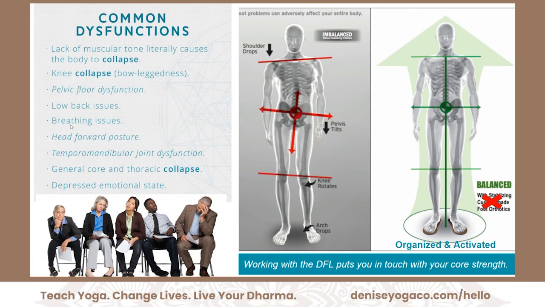All right. So yeah, we see all kinds of low back issues, breathing issues, head forward posture. All of these point toward this sort of inner stability collapsing. And then it ends up in a kind of depressed emotional state, right? When we looked at interoception, we saw how strongly our emotional well-being is affected by our body postures and the kind of positions we go into frequently, and if we don't move around enough, because our interoceptors are positively affected by even busy work, just moving around your house or walking here to there and things like that.